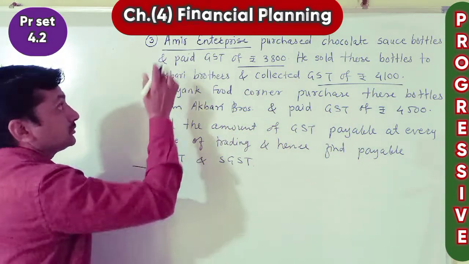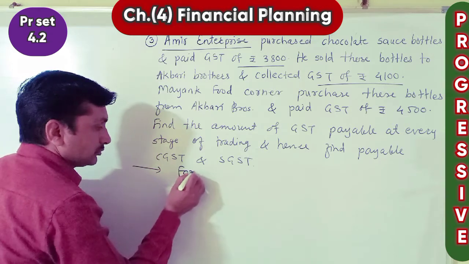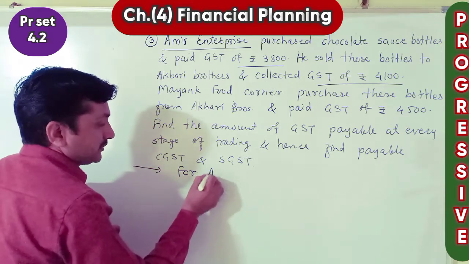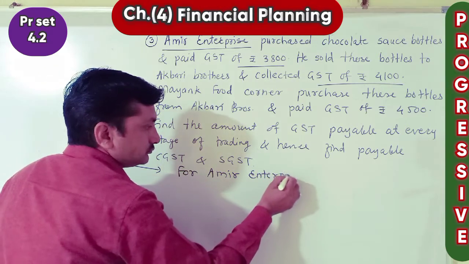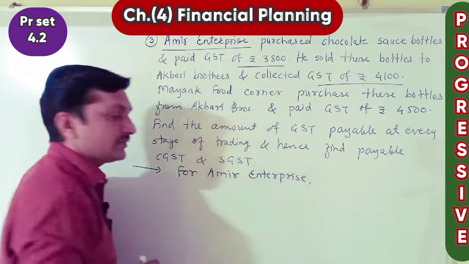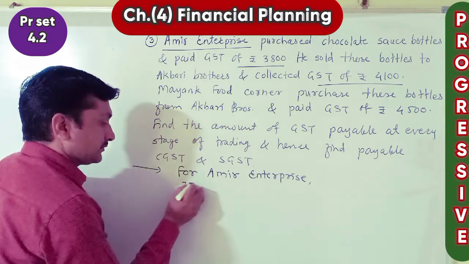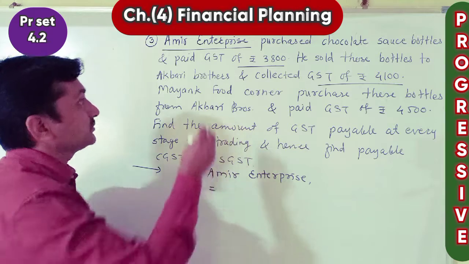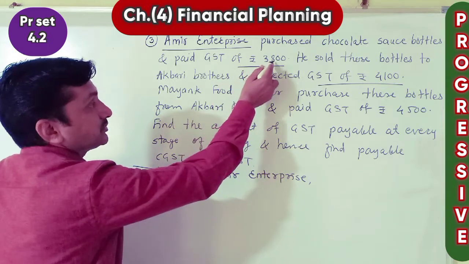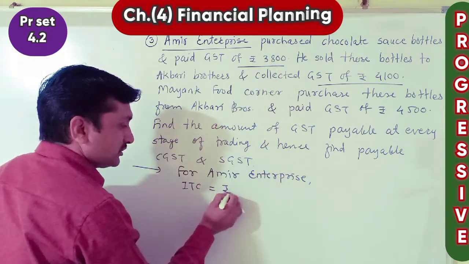Let's start from the first stage, for Amir Enterprise. ITC means tax paid at the time of purchase. At the time of purchase, he paid rupees 3800.